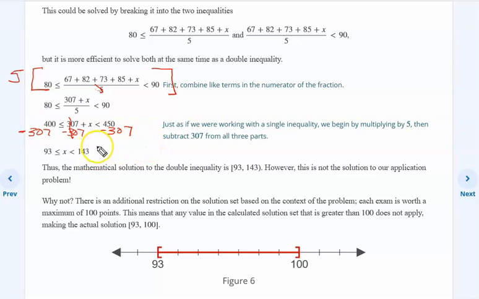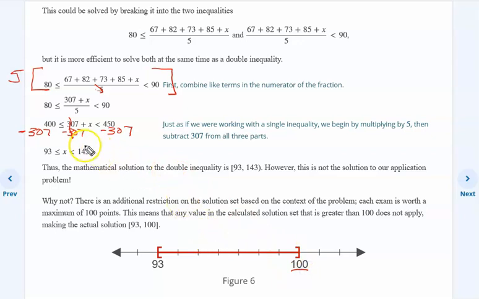Now, generally when you take a test, you don't get 143% on a test. So what we're particularly interested in is the 100.